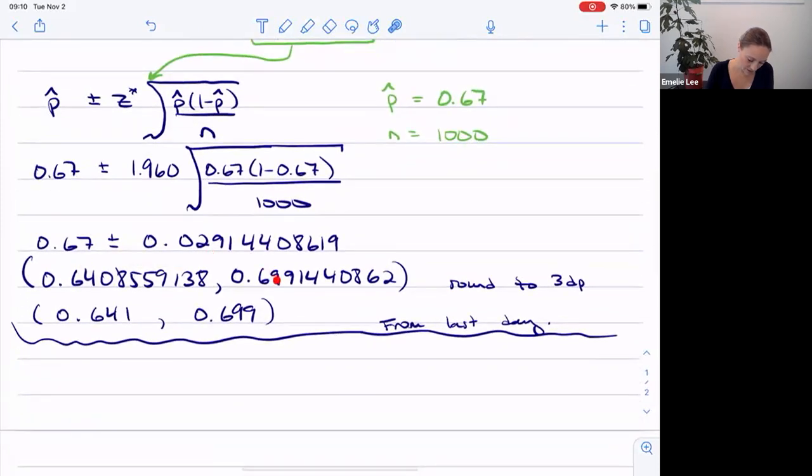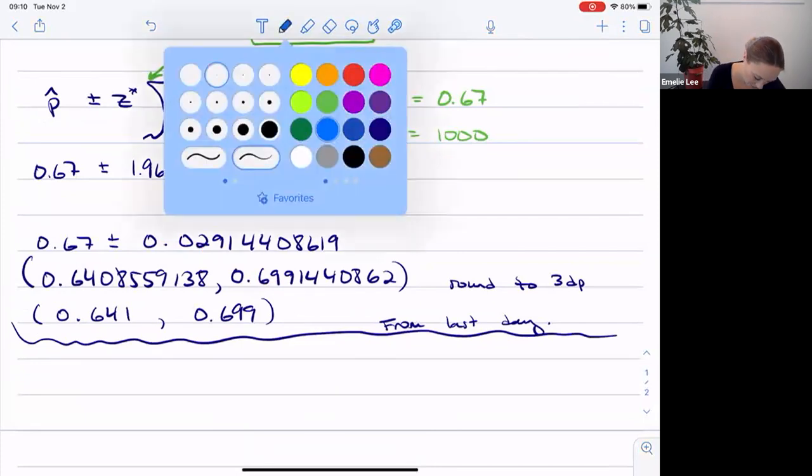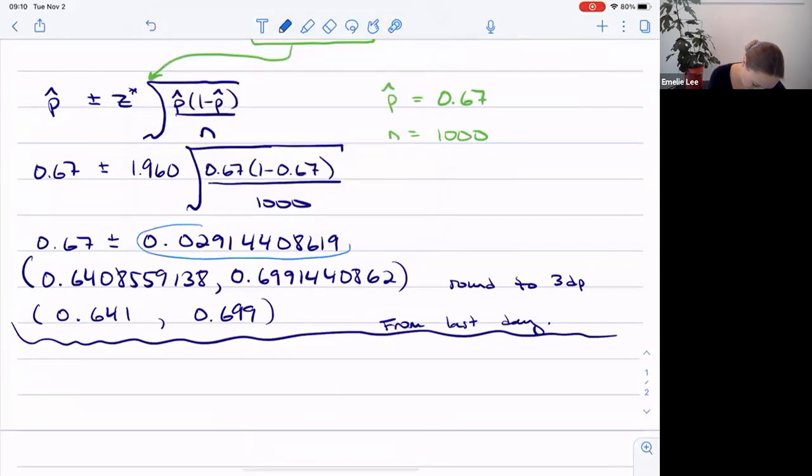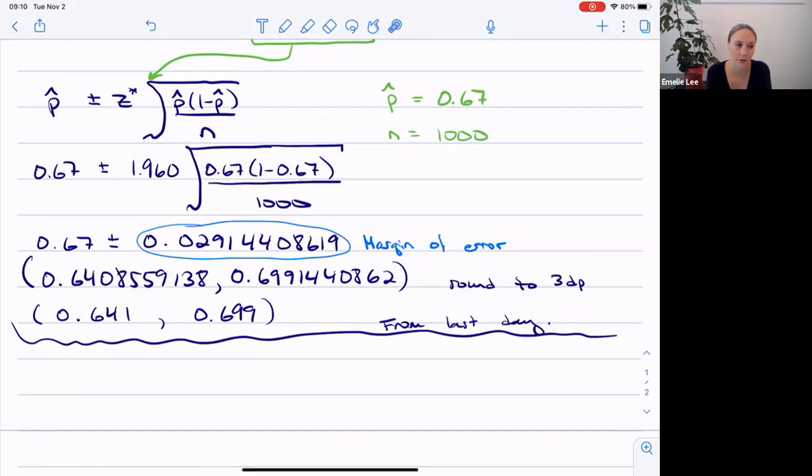Then we built our interval, first subtracting the margin of error to get the lower bound, and then adding the margin of error to the point estimate to get the upper bound. It's important that you list them in an appropriate order.